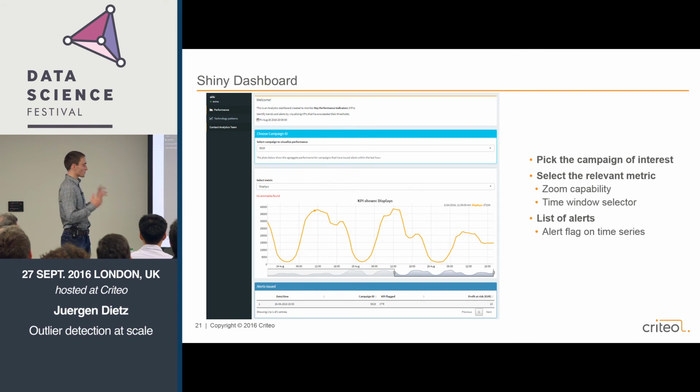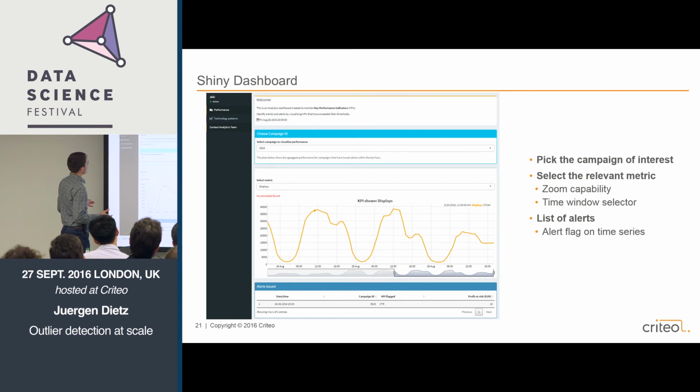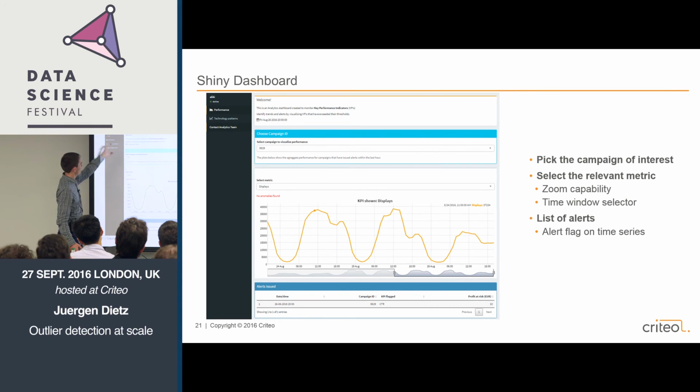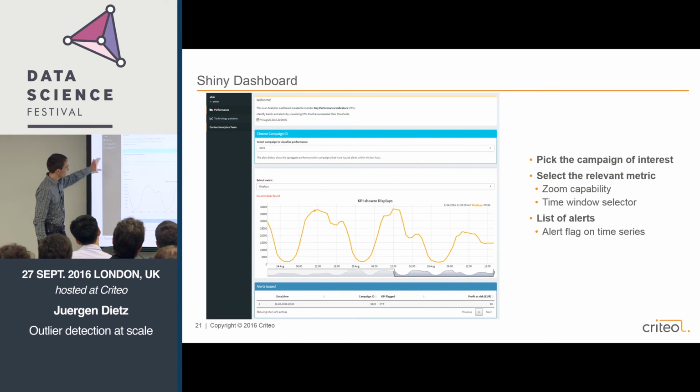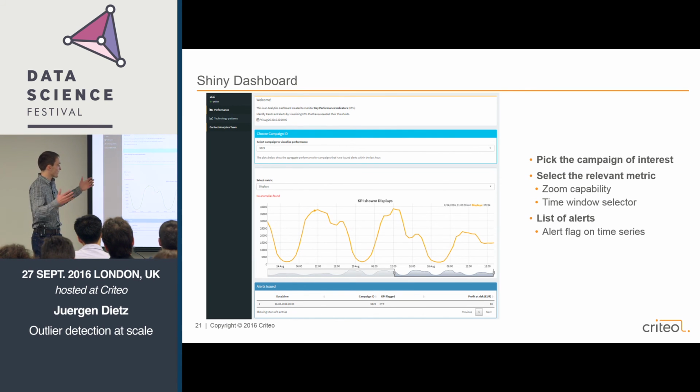Unfortunately it's only a screenshot, but what we have is, up here in the blue section, you have the client. It's probably a bit small, but you pick the client, given by an ID here. Then underneath you have the KPI selection, so you can pick displays, clicks, revenue, or spend.